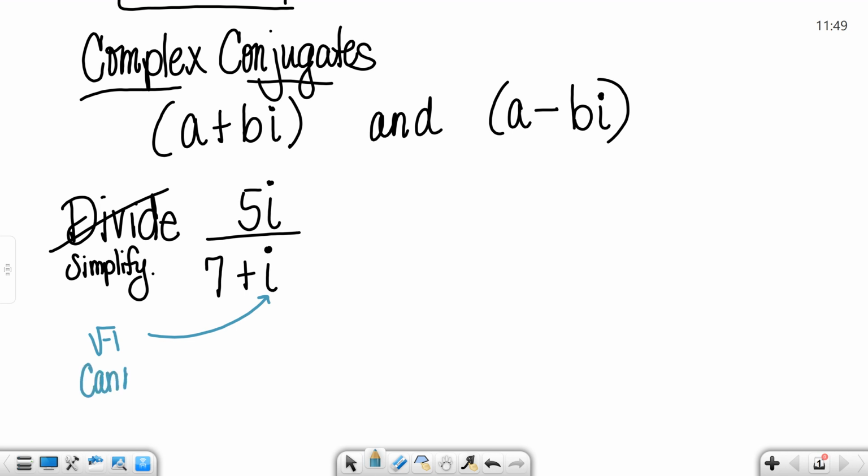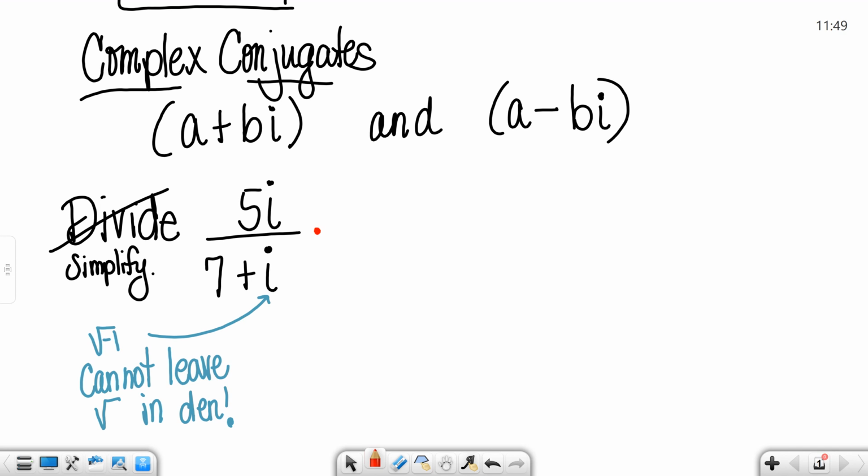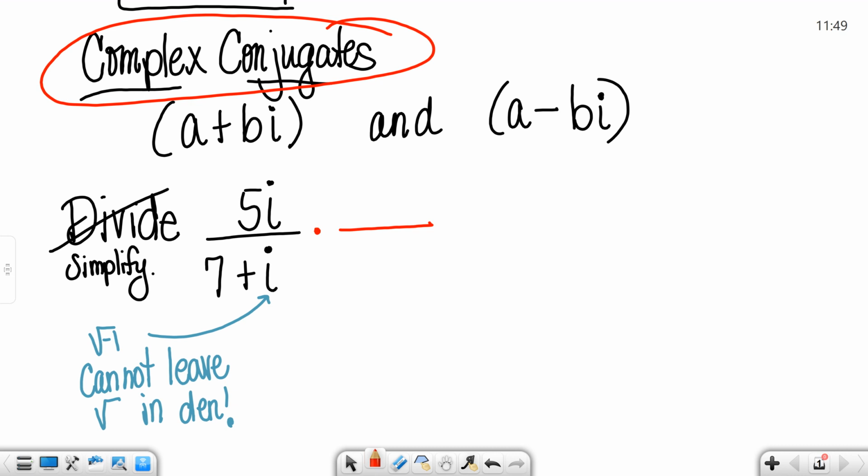And remember, we cannot leave any square root in the denominator. That's like math sin. You can't leave a square root in the denominator. So, to correct that problem, I multiply the numerator and denominator by the complex conjugate of the denominator. So 7 minus i. Whatever you do to the denominator, you must do to the numerator.